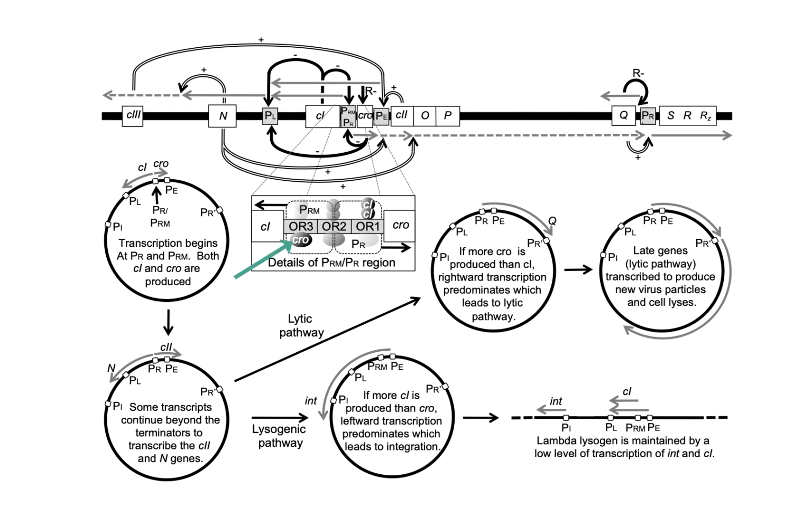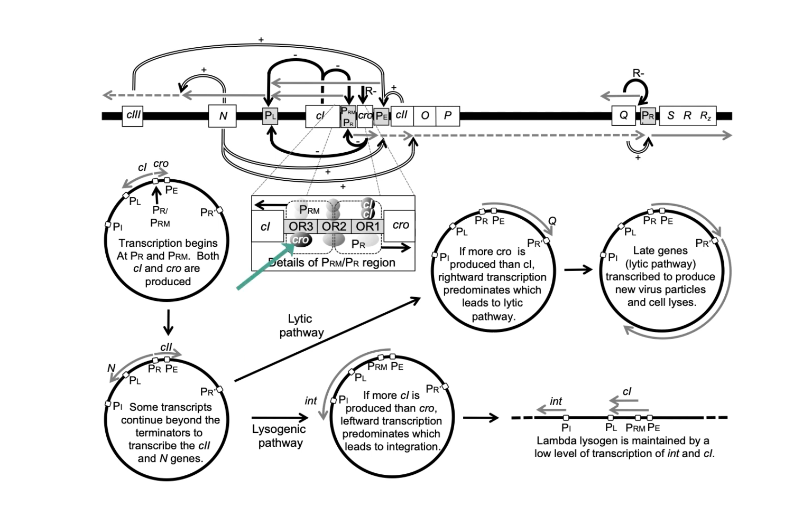So if you have Cro, it binds best to OR3 and a little less to OR2. And CI forms a dimer and binds best to OR1, a little less to OR2. And so if you have CI, it will block the PR, the rightward promoter, and will inhibit the lytic pathway.